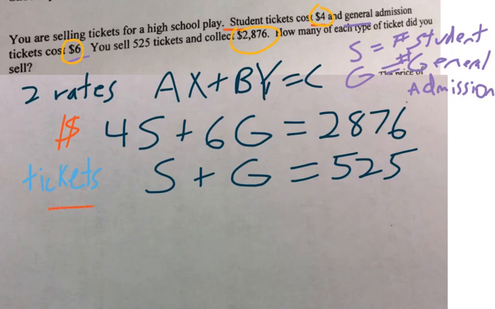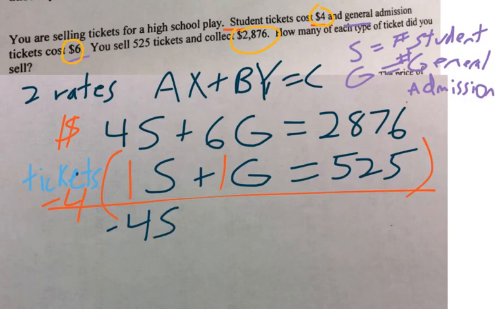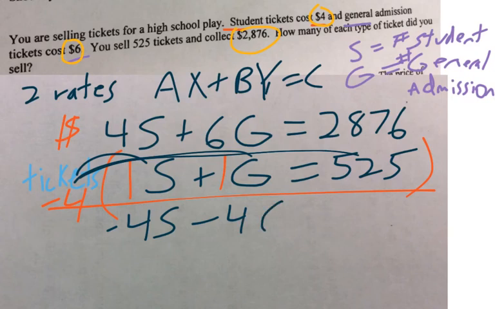So elimination, we want to make sure that one of our variables cancels using the least common multiple. So looking at 4 and 1, remember these are both 1, I could just multiply that by -4. So then I'm going to get -4s, if I distribute that -4 to everything, -4g, and -2100.